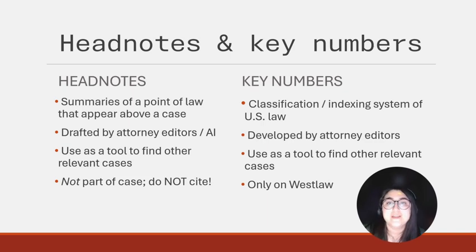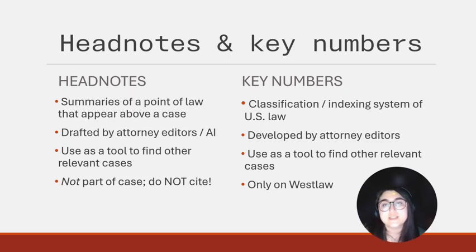Now, headnotes are basically summaries of the minutiae of the case details, like the points of law discussed within a case. But key numbers serve as a cross-referencing tool. They allow us to find all cases that discuss similar legal issues by topic across many different cases. Unlike headnotes, which are specific to a single case, key numbers classify legal issues pretty universally.